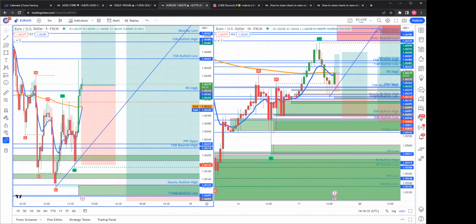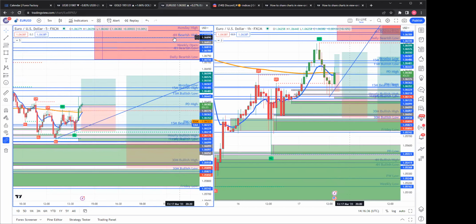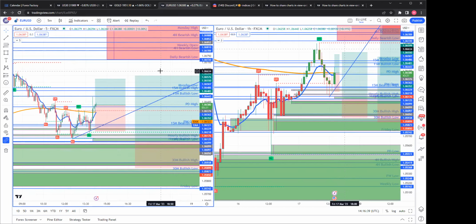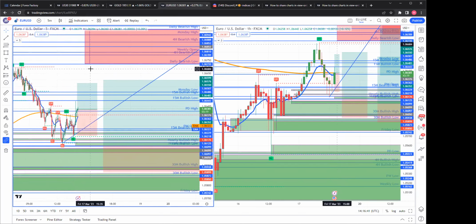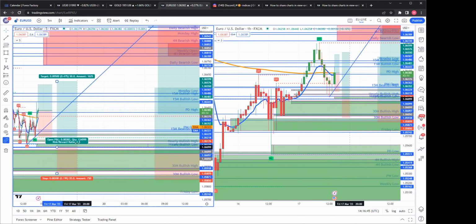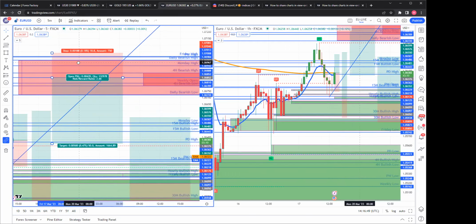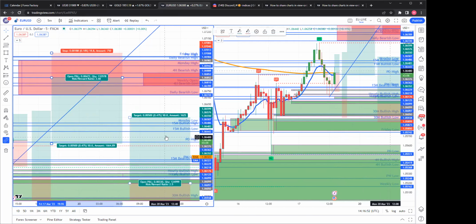And remember, we want the perfect sells on EU are all the way up here in this zone right here. I don't know if I have, because I was using the 5-minute, the 30-minute chart, they might be far off. So the perfect sells on EU are all the way up here.